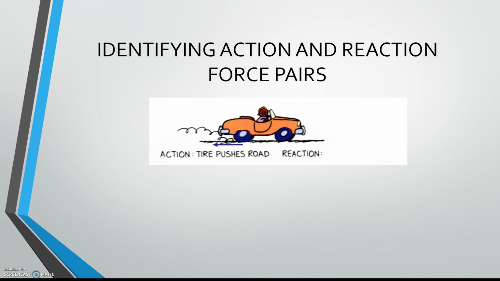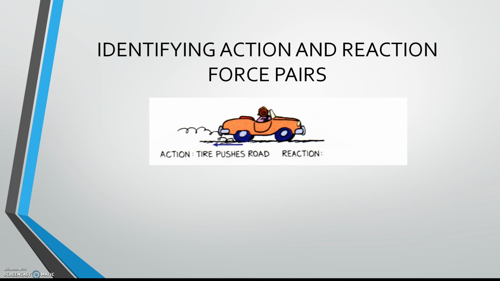So here's our first example. We have a car, and the car is driving along the road, and we've got an action-reaction pair of forces. In this case, what we need to consider is the fact that our tire is interacting with the road, just like the road is interacting with the tire. So the tire and the road are an action-reaction force pair.